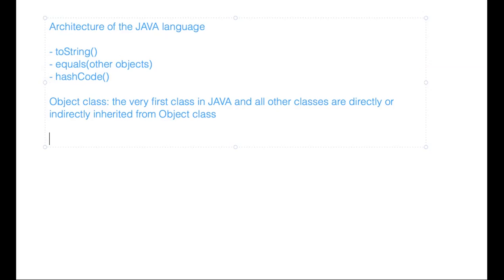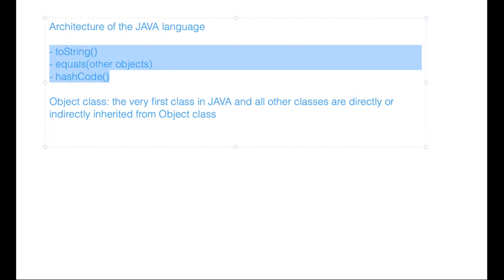So when you run your Java code, the Object class constructor will be called first, right? You don't need to worry too much, but toString, equals, and hashCode you can directly use because they all belong to the Object class.